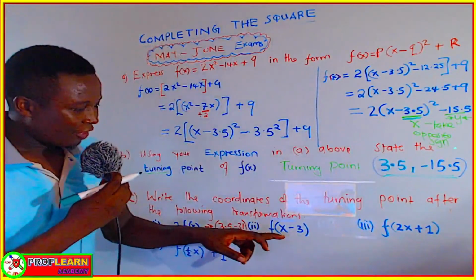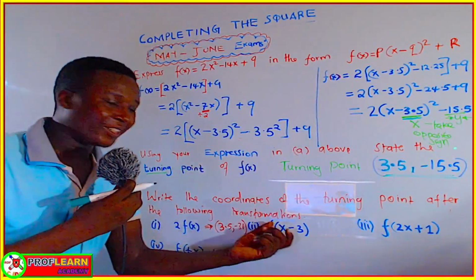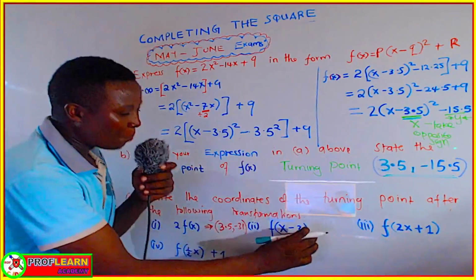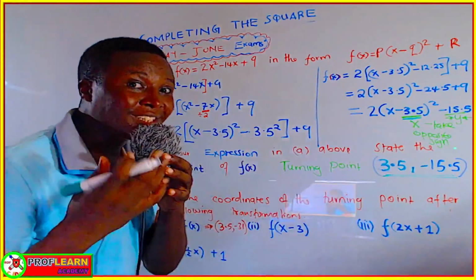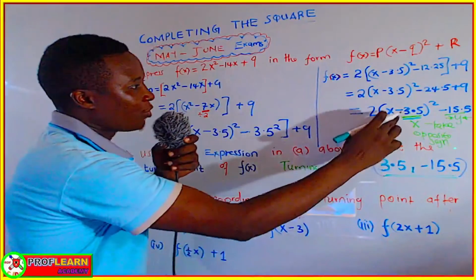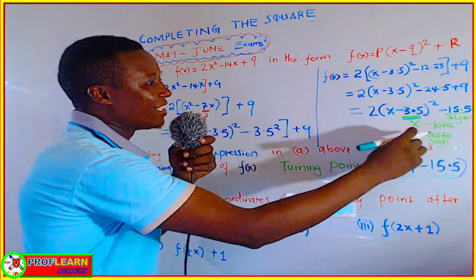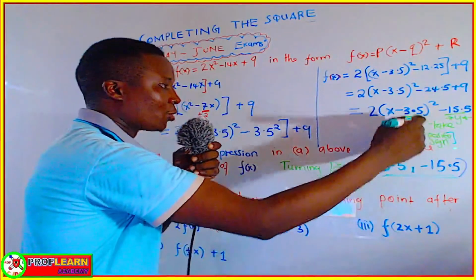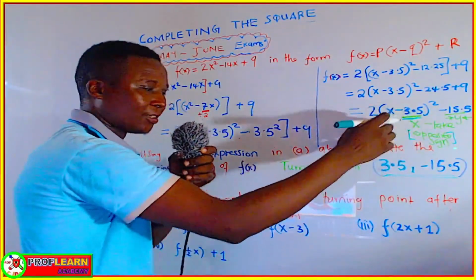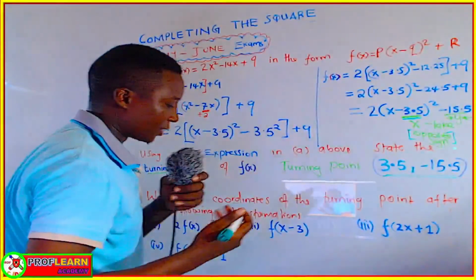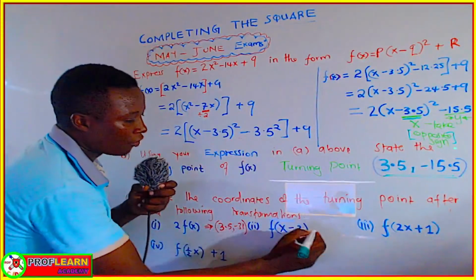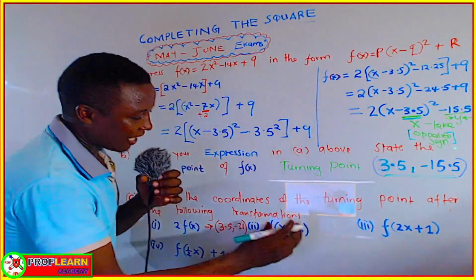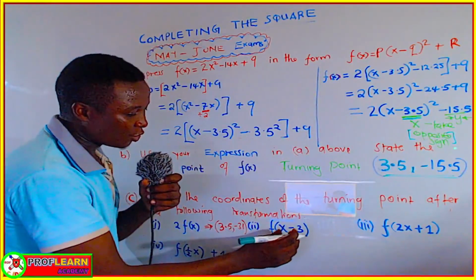But whenever you are performing a transformation on the x coordinate, you do the opposite of what the transformation is telling you. So for instance, when we picked this one, we took the opposite of the sign that was there. Equally, when we are performing a transformation on the x coordinate, we actually do the opposite.